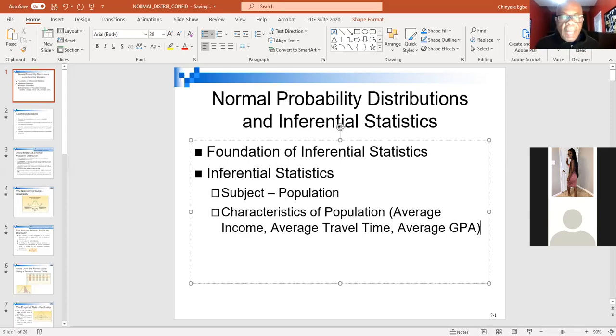Now, these are characteristics of a population that could be of interest to a research analyst.